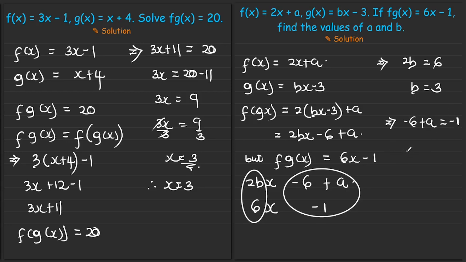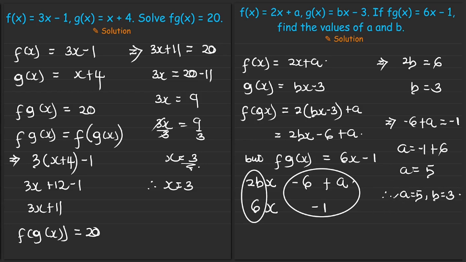So making a the subject, we have a equals negative 1 and then plus 6, which means our a is equal to 5. And that is all. So we can conclude by saying, therefore, our a is equal to 5, and then the b on the other hand is equal to 3.